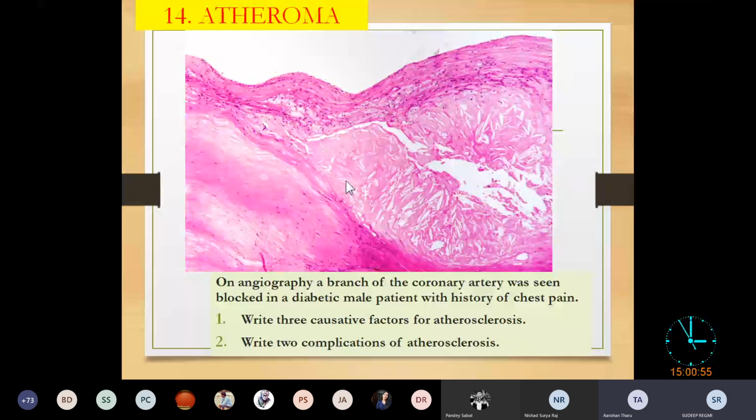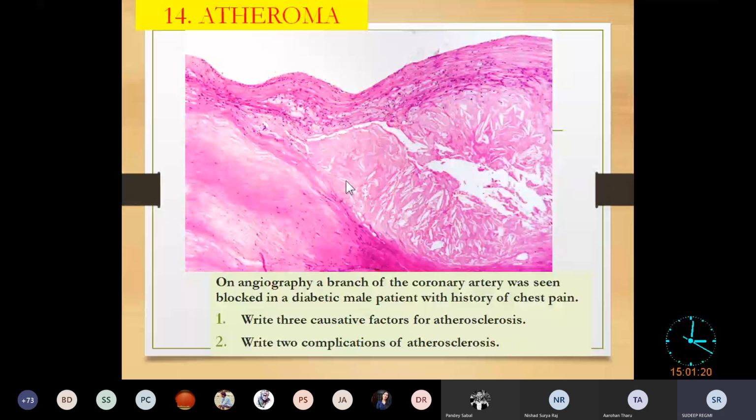And in the center, we can see cholesterol crystals, macrophages containing lipid, foamy macrophages, and necrosis, the necrotic core. Necrotic core and fibrous cap, these are the things.